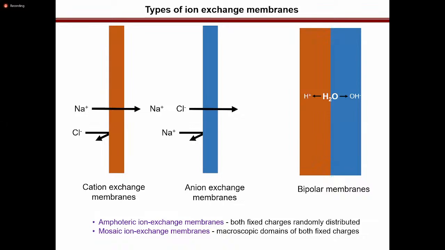Then you can use them as a membrane that also has different characteristics. There are also other types which are least considered, like amphoteric ion exchange membranes and mosaic ion exchange membranes. But the most important ones are the cation exchange membranes and the anion exchange membranes that we are going to deal with today.